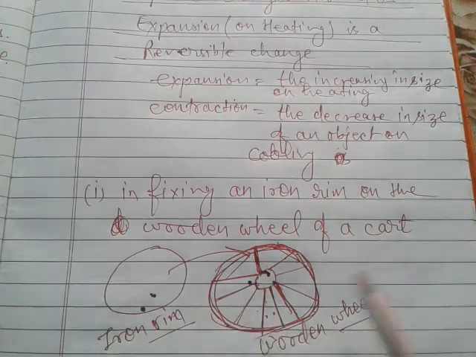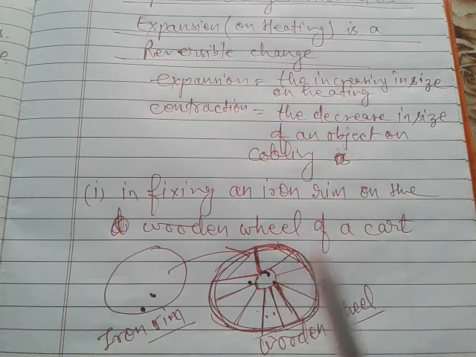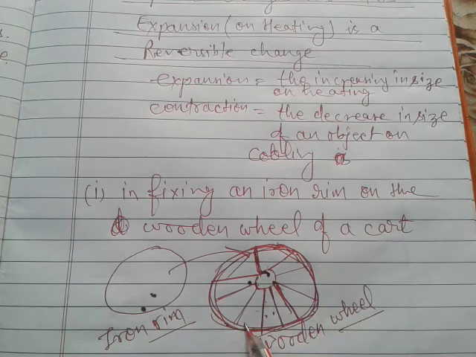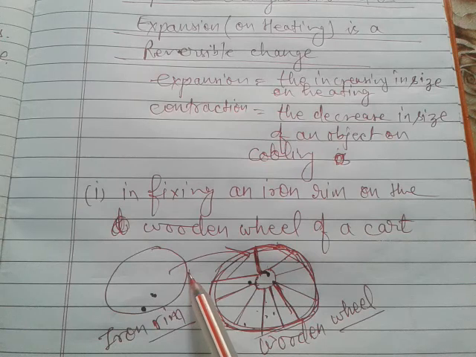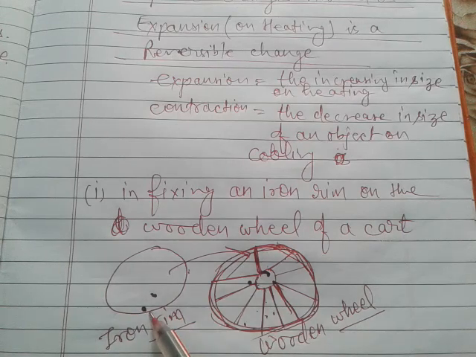This is an example of the expansion and contraction process, and during the expansion the iron rim size increases, but after cooling it gets its original shape and size.